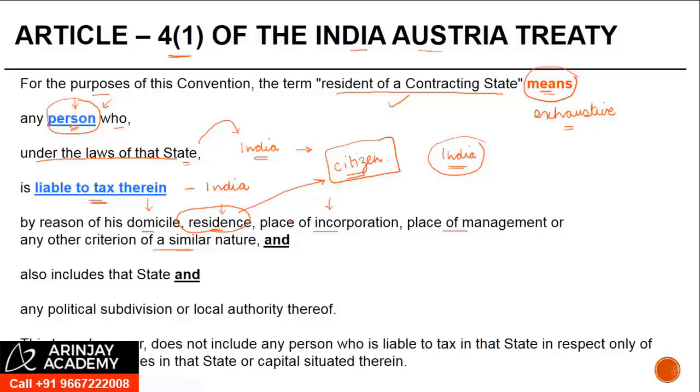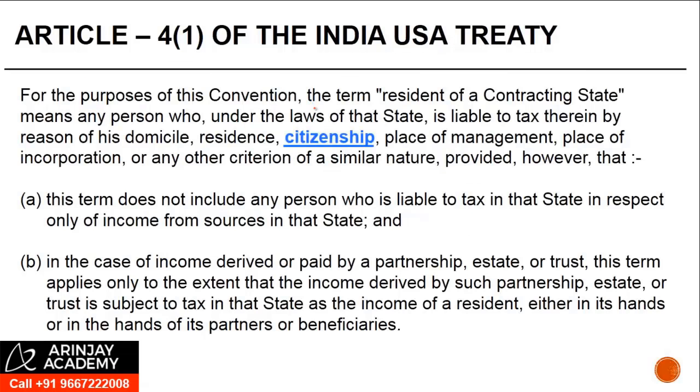Now, I'll take a pause here and I'll just show you something which is different in one of the treaties. If I go to Article 4.1 of the India-US Treaty, here if you see it says "is liable to tax therein by reason of his domicile, residence, citizenship," right?